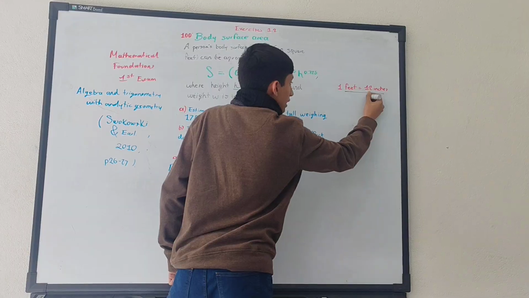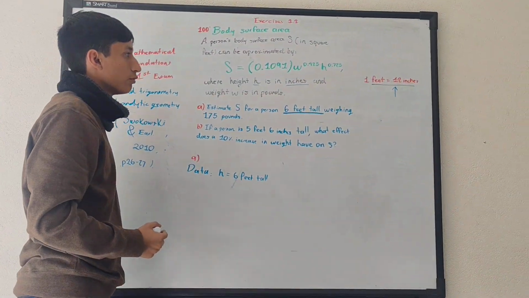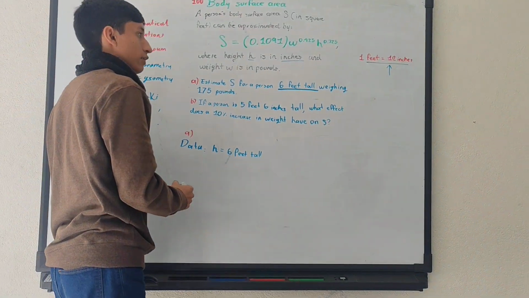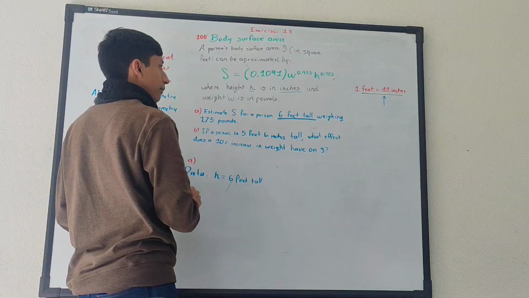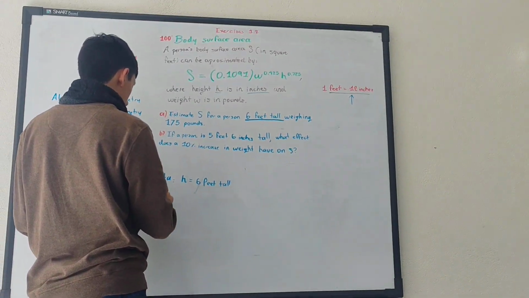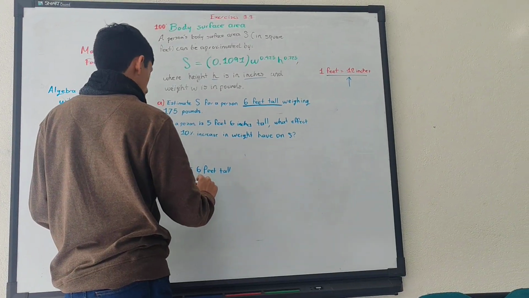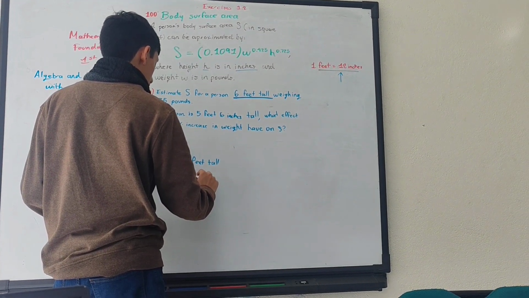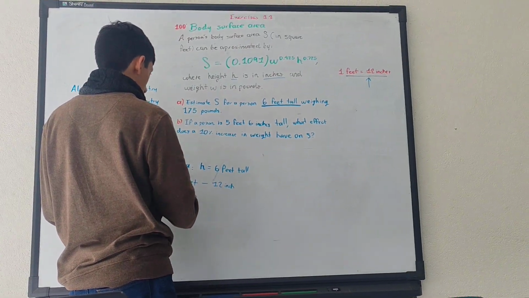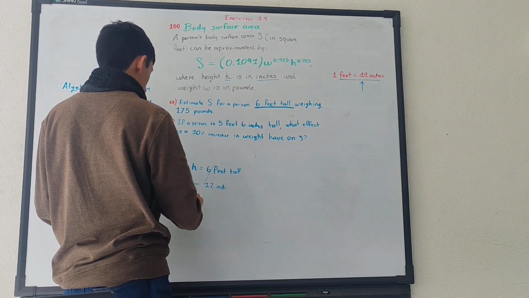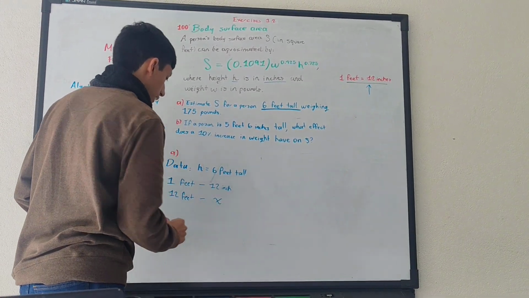So we must convert this. Here we have 1 foot is equal to 12 inches. So 1 foot is equal to 12 inches, and 6 feet should be equal to x.